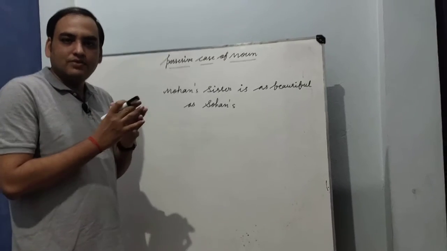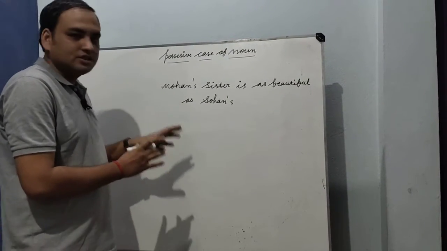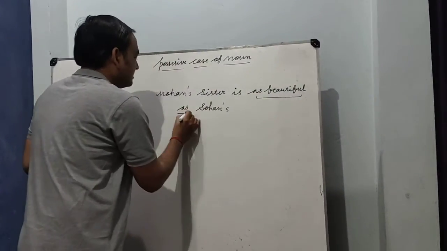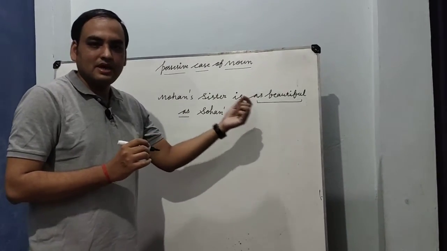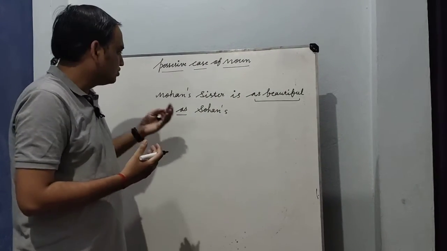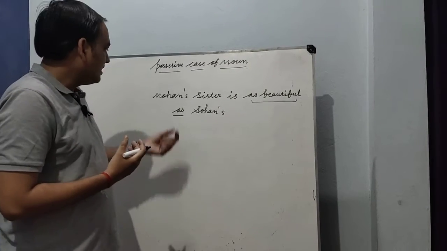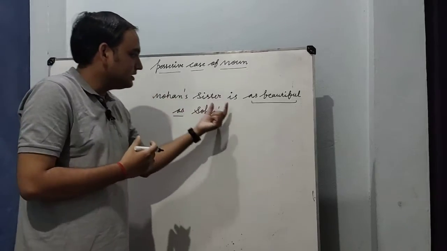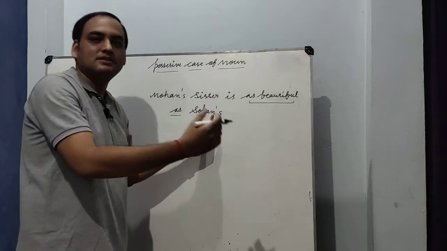It shows that if we are using possessive case of noun, in such situation, if there is a comparison, this is positive form of adjective. Okay, here we are comparing two persons. Mohan's sister is as beautiful as Sohan's sister.